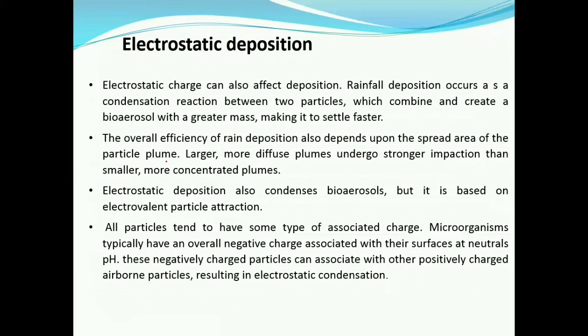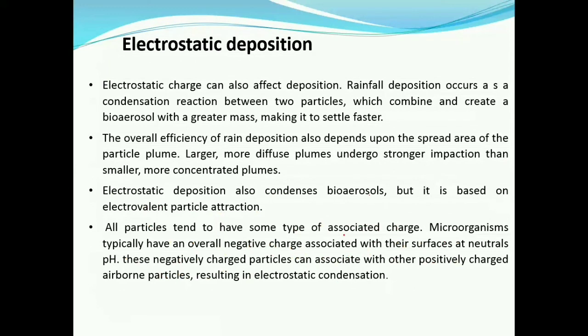This electrostatic deposition also condenses aerosols, but it is based on electrovalent particle attraction. All the particles tend to have some type of associated charge. Microorganisms typically have an overall negative charge associated with their surface at a neutral pH, and this negatively charged particle can associate with other positively charged airborne particles, resulting in electrostatic condensation.